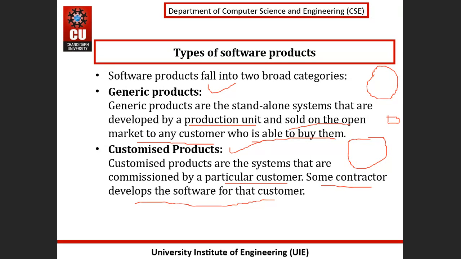We have some interface for students, we want some interface for teachers, we want some interface for administration, that kind of requirements. So there is a system, that is UIMS, that is the kind of customized product. Getting my point? So these are two broad categories.